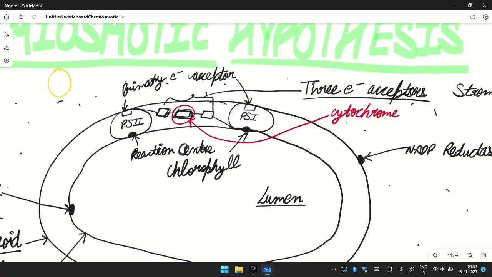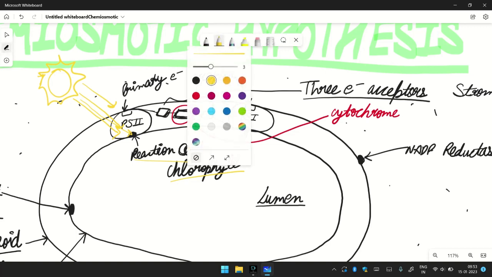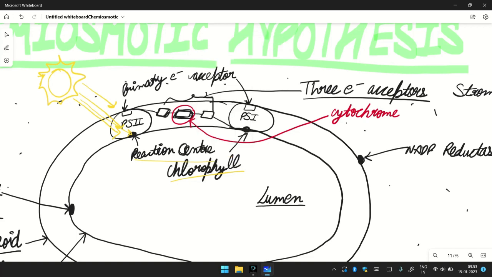Let's see that there is a sun. And when sunlight falls on PS2, especially on the reaction center chlorophyll, our electrons get excited.